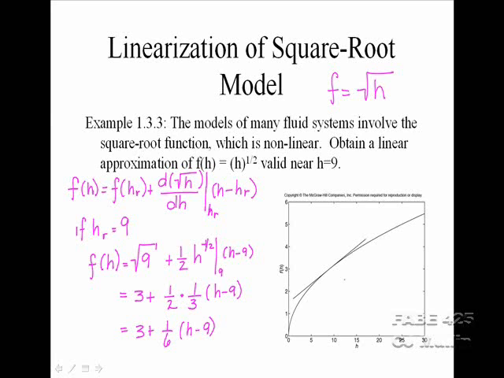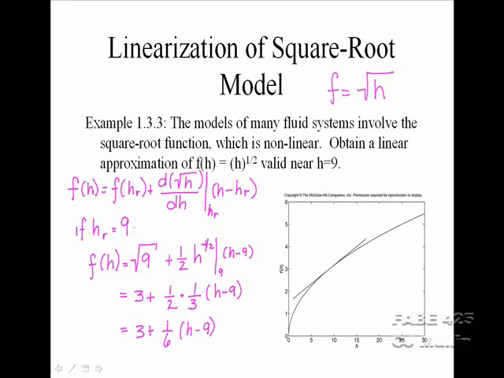So all I've done here is write out the general form for the Taylor series, showing just the first two terms because we're assuming that we're only near this point, h equals 9.